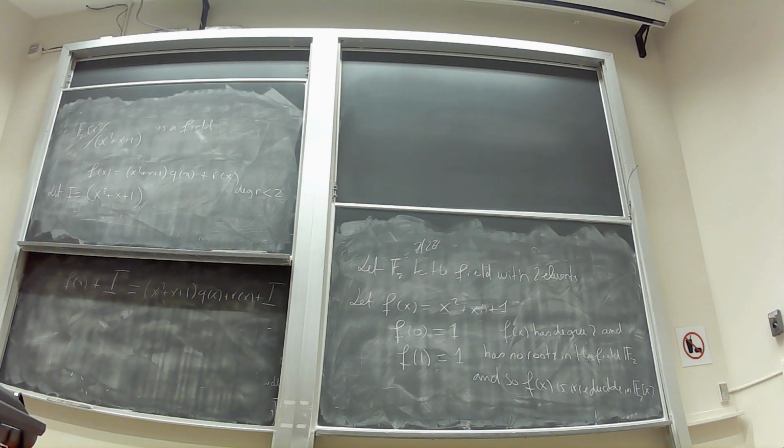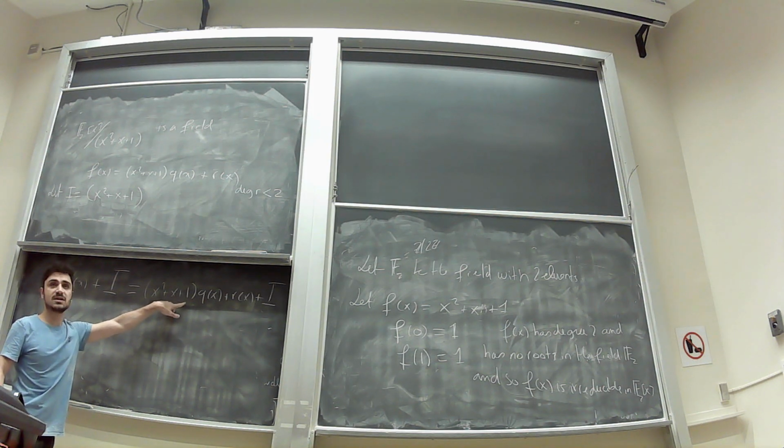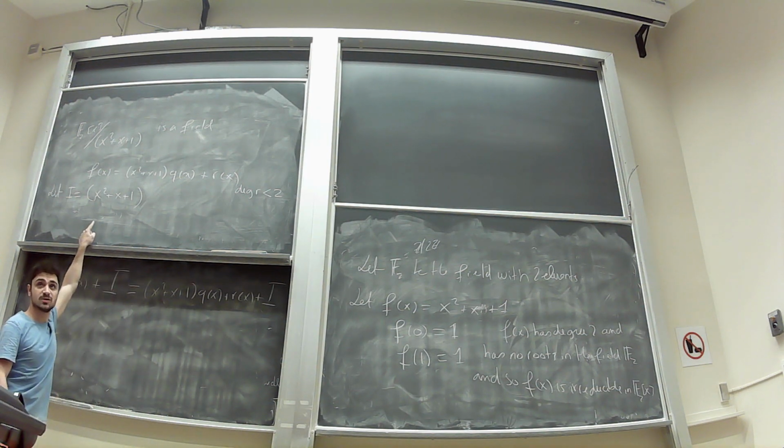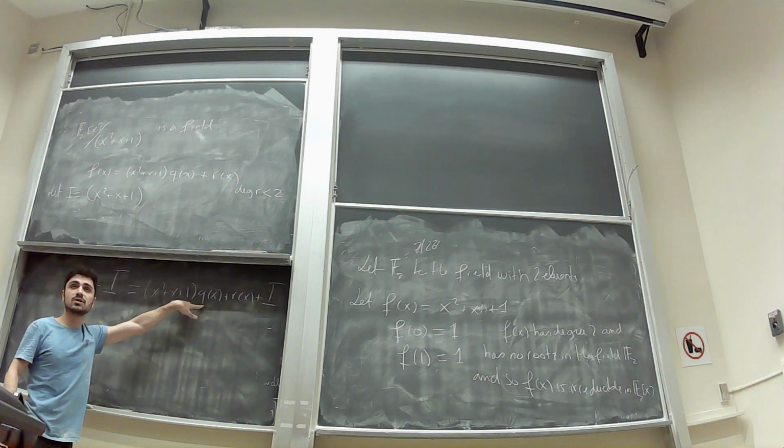r of x plus I. Exactly. Does this thing belong to I? Yes. x squared plus x plus 1 times q of x belongs to the ideal generated by x squared plus x plus 1, so this is 0 modulo I. You remember the congruence modulo I we defined?